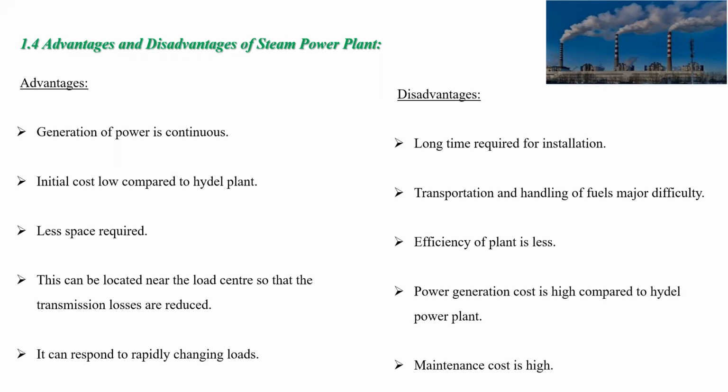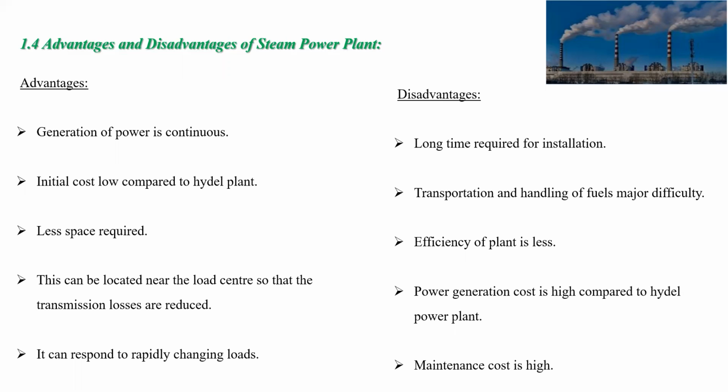This can be located near the load centers, meaning the plants can be installed near cities so that the power generated can be sent to nearby load centers and transmission losses are reduced.